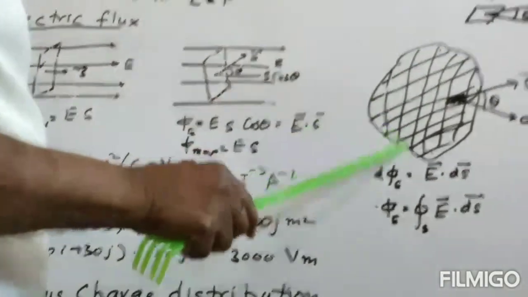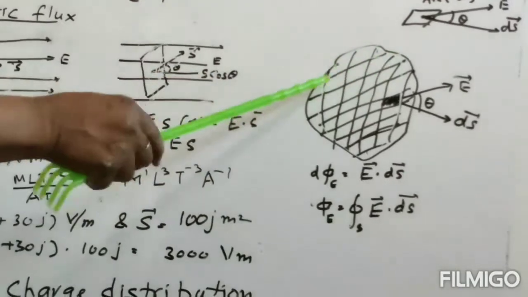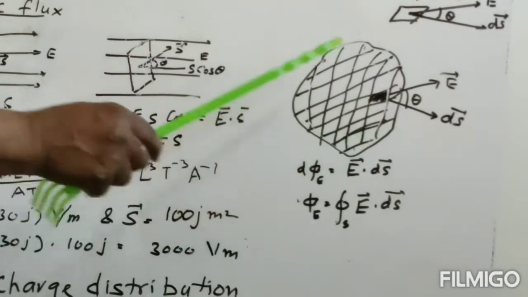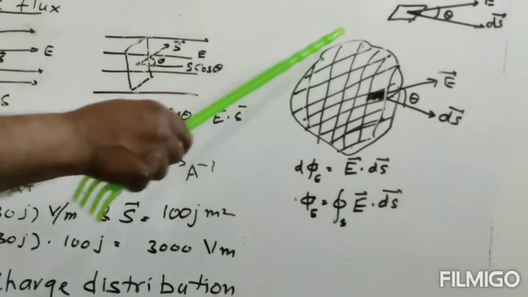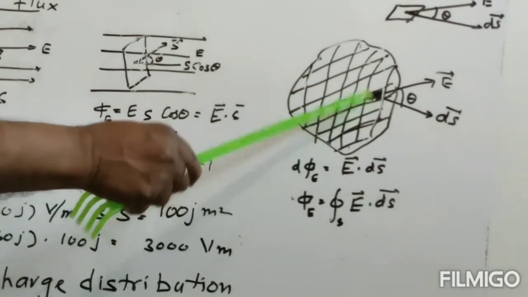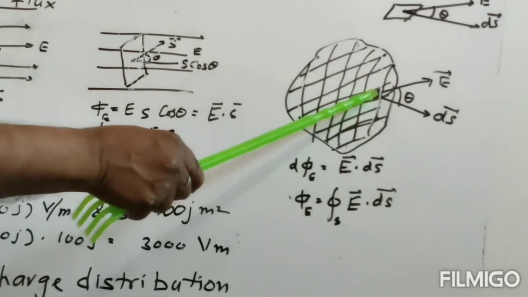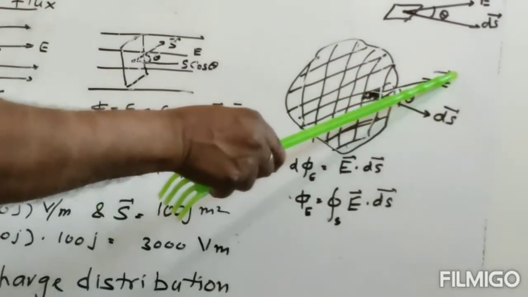Now if we have a large area, we can divide the area into a number of small elements, and these elements are shown here. Now we take any one element. For this element, we have electrical field in this direction.